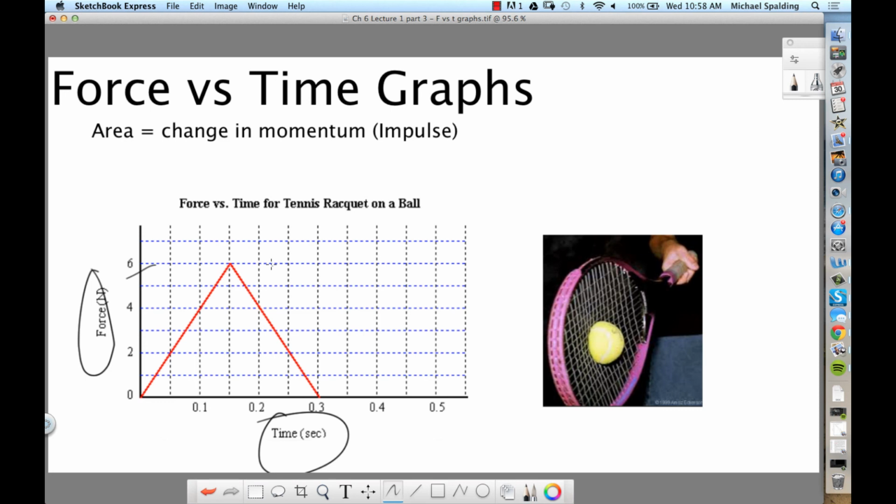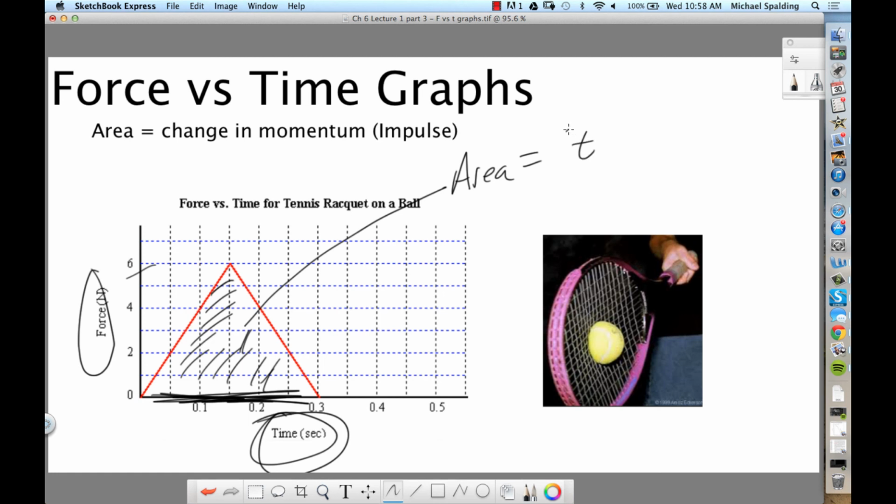Now, there's one thing that's important, and that is the area under the graph. If you calculate this area, how are you doing it? You take the base. What's the base here? Time. What's the height? Force.